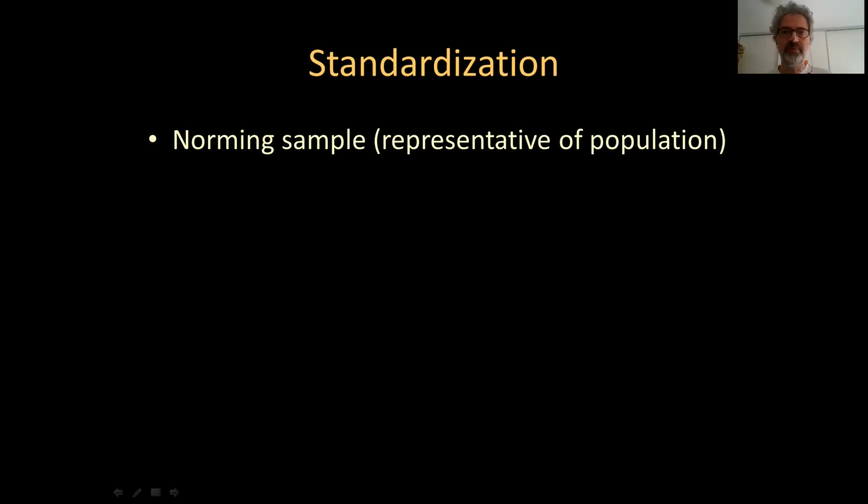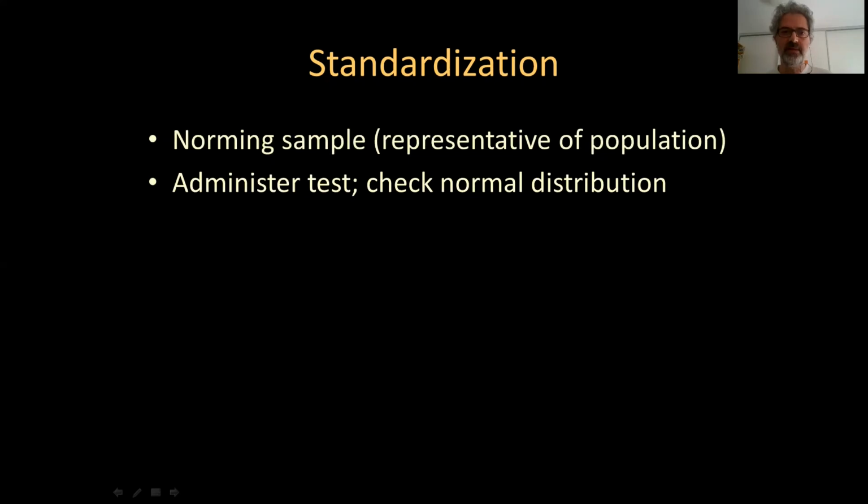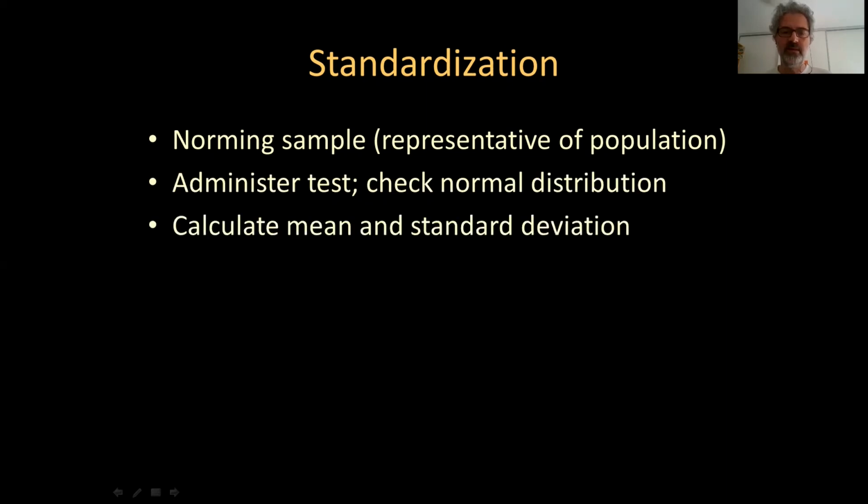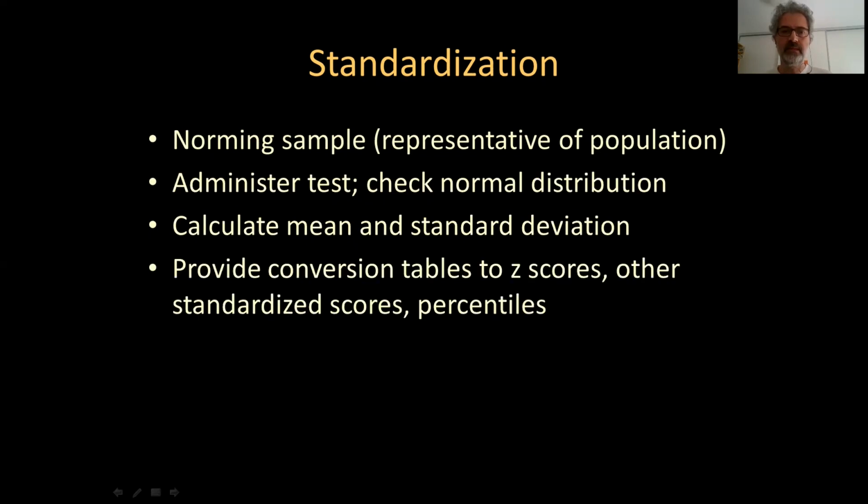Once the norming sample is selected, everyone in this sample is administered the test, and the distribution of scores on the test is checked to make sure it conforms to the normal distribution or is brought to conform to it. And after that, we can calculate a mean and standard deviation, expecting that to express the population, and then calculate z-scores and provide conversion tables to z-scores, other standardized scores, scaled scores, and eventually percentiles.